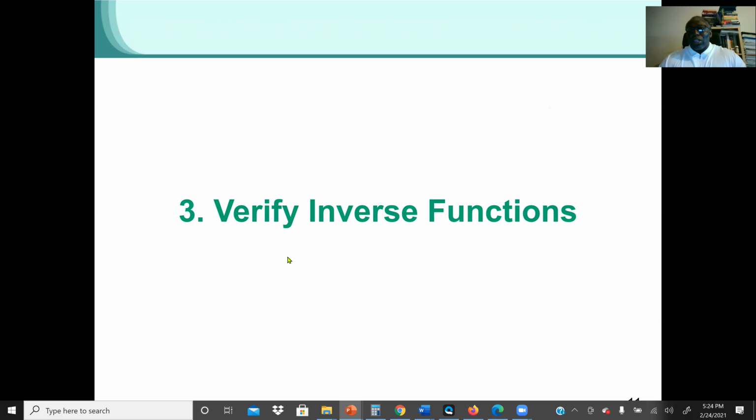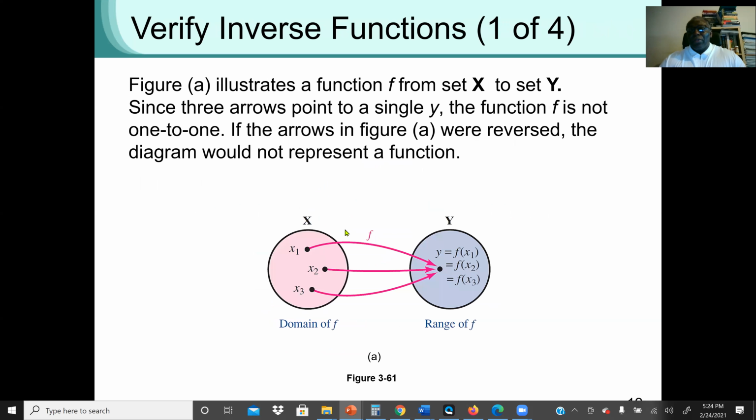So now let's go to the next section, which teaches us how to verify inverse functions. For example, we have a figure A here, which illustrates a function f from the set of x to the set of y. The set of x is on my left side, the set of y is on my right side.